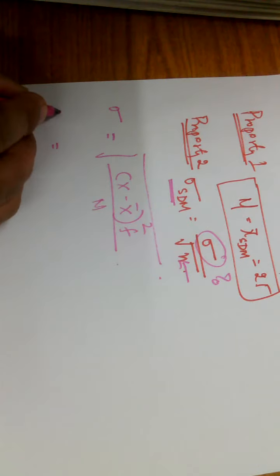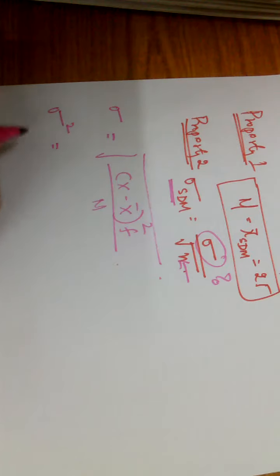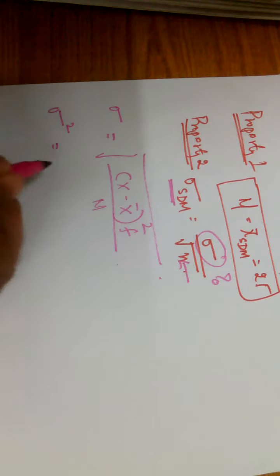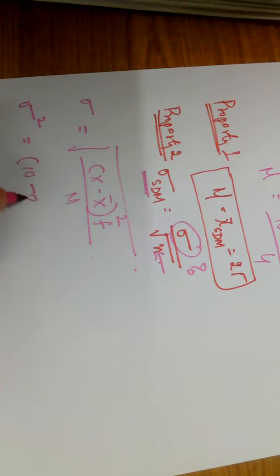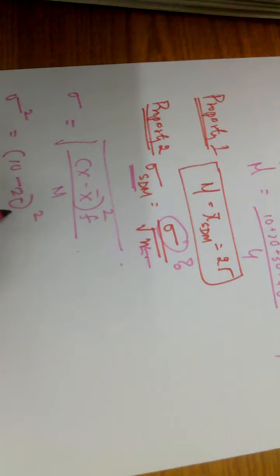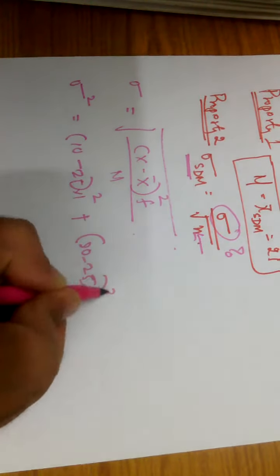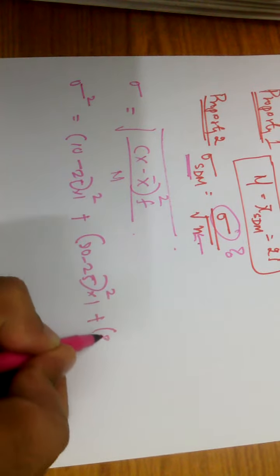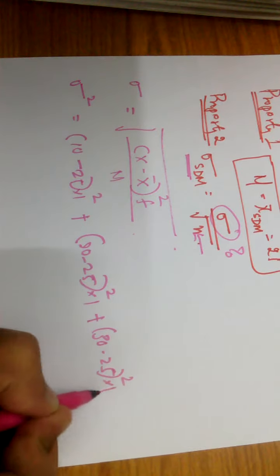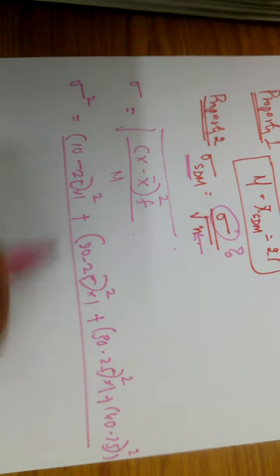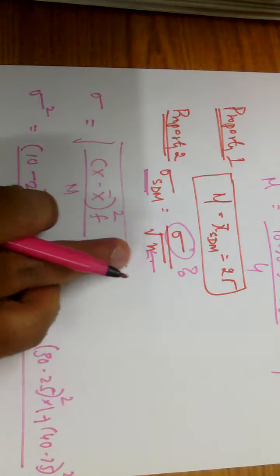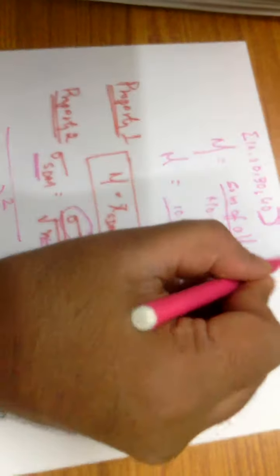So it will be sigma square, taking the root to the other side, which equals 10 minus the mean 25 whole square, frequency is 1, plus 20 minus 25 whole square, frequency 1, plus 30 minus 25 whole square, frequency 1, plus 40 minus 25 whole square, frequency 1. All divided by the total number of values in the population, N equals 4.